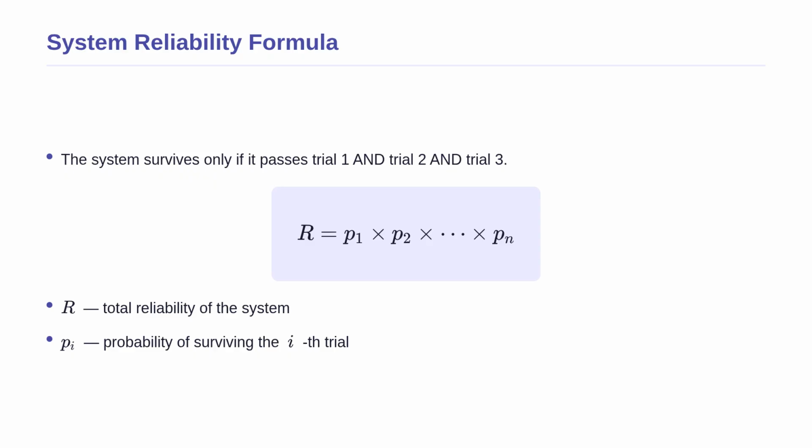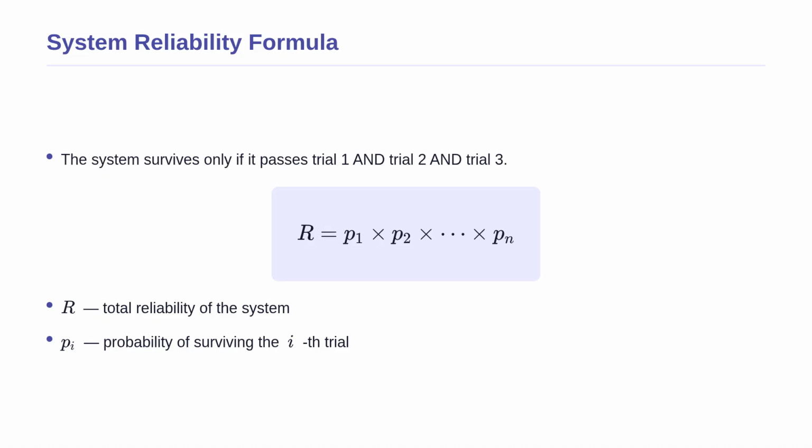To find that total reliability, we use this multiplication formula. Here, R stands for the total reliability of the system. It shows that the system only survives if it passes trial 1, and trial 2, and trial 3, all the way to trial n. In probability, the word "and" for independent events means we multiply.